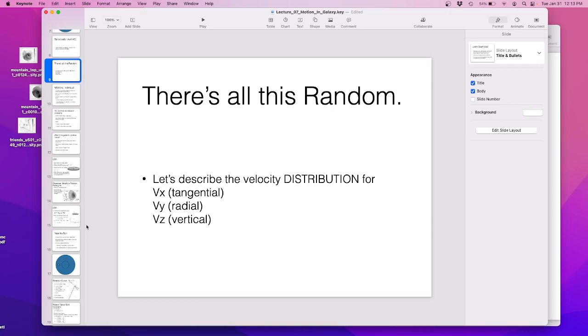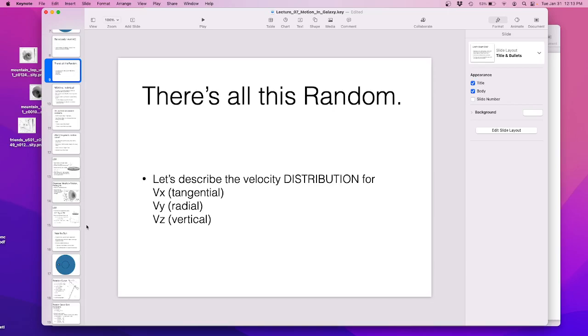Now, U is the radial in and out motion. Statistically, I've got to have as much going out as I have going in, otherwise the galaxy is exploding or contracting. So U is going to be a different Gaussian with a slightly different width. Those two widths will be related to each other, but I'm drawing it with a different width.